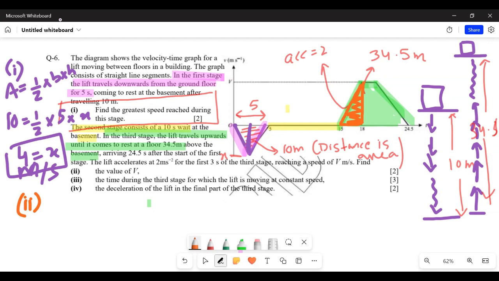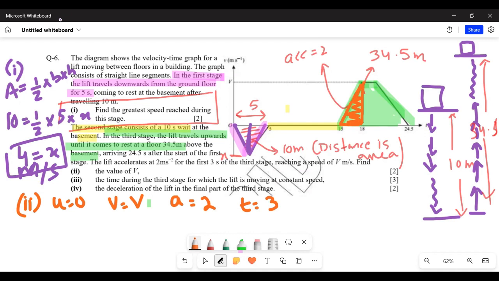We have the distance of the entire green part, not the orange part. But what do we know about this part? We know that at the start of this stage, the speed is 0. And at the end of the stage, the speed is v. So we know u is 0 and v is capital V. Also, we know the acceleration of this stage, which is 2 meters per second squared. Also, we know the time of this part. It goes from 15 to 18, so that's 3 seconds.